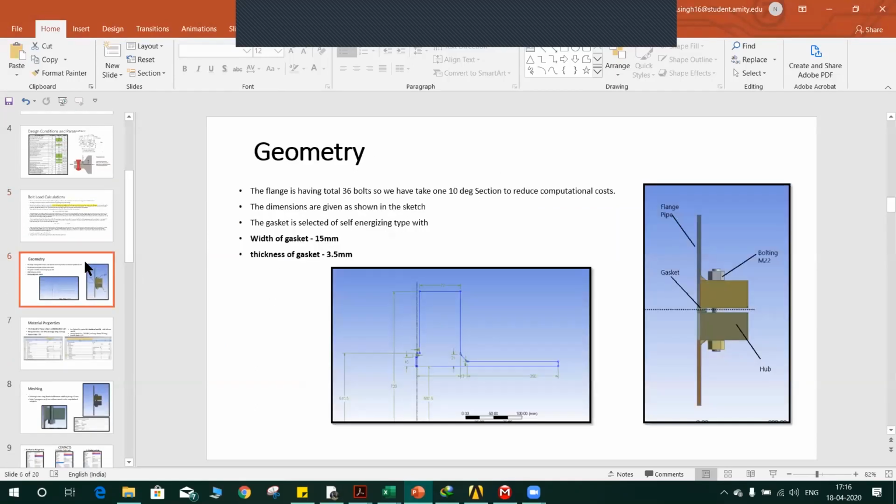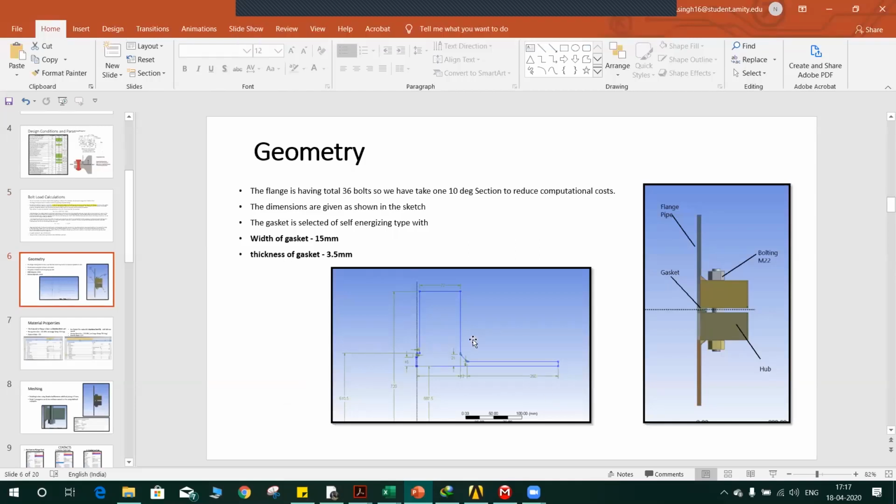Now moving to the geometry, this is a sketch of the geometry I have designed. You can see all the geometry is in one sketch only because it's an integral flange. Now this is the bolting on the right side. You can see that M22 size bolting is used. The gasket is over here. This is the hub portion and this is the flange pipe portion.